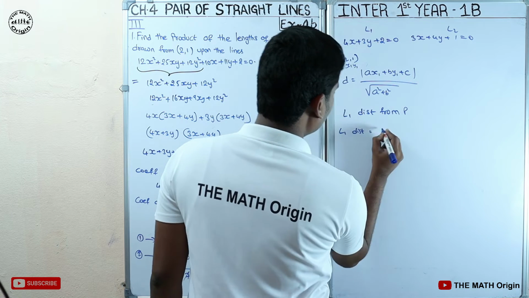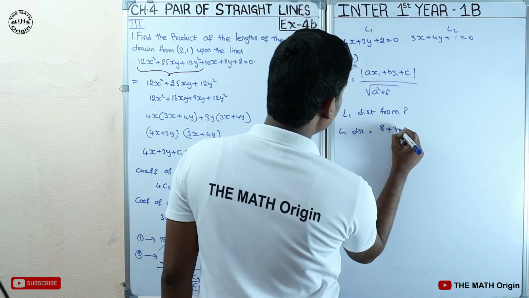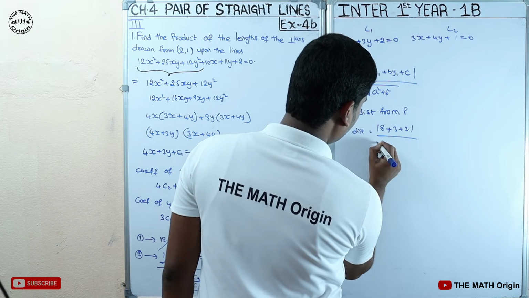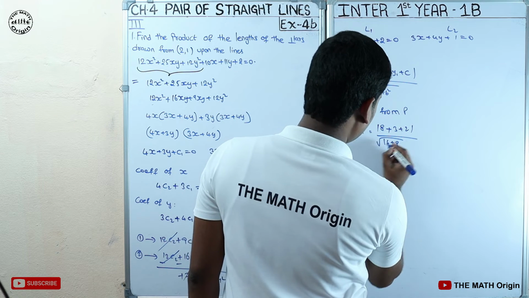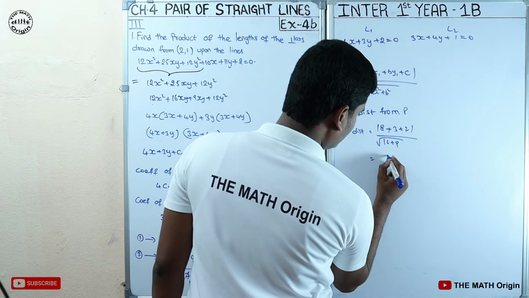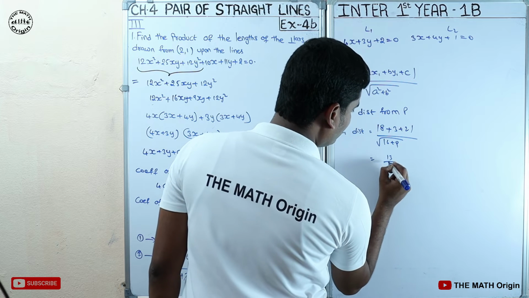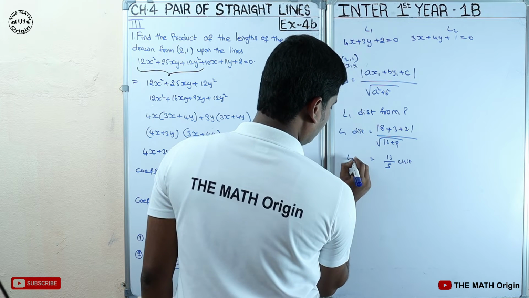So 4 into 2 is 8 plus 3 into 1 is 3 plus 2, modulus, divided by root of a square plus b square, 16 plus 9, which equals 13 by 5 units, L1 distance.